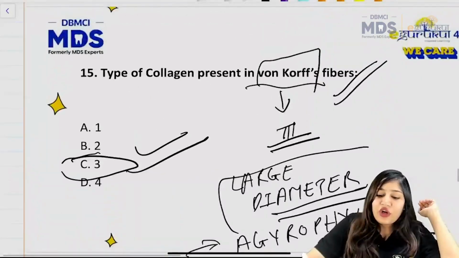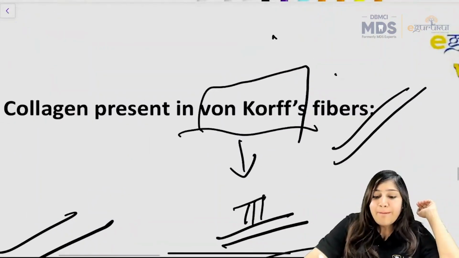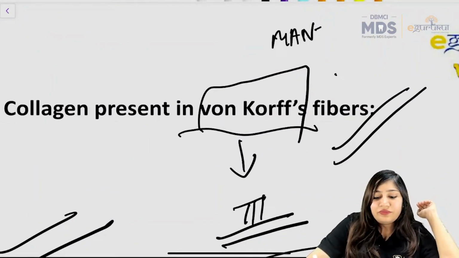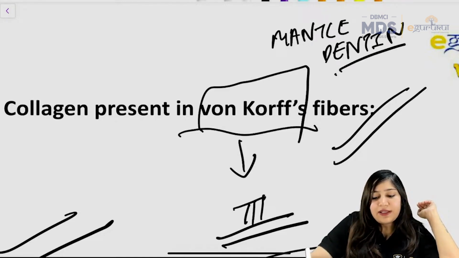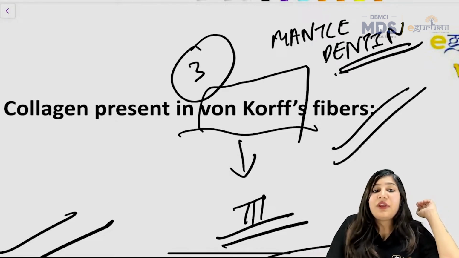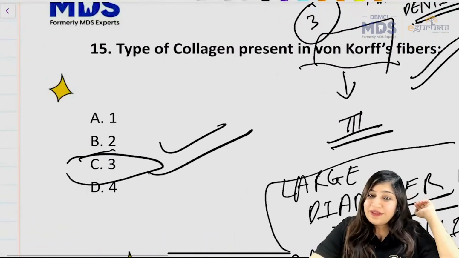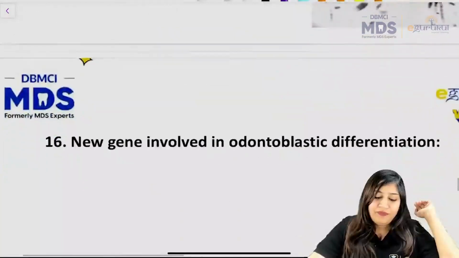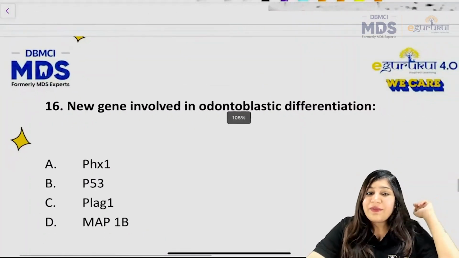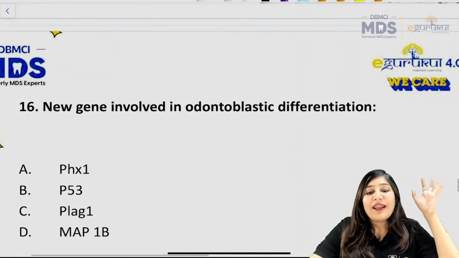So, basically von Korff's fibers we see in mantle dentine, and they are larger diameter fibers and they are mainly type 3 collagen. So, correct answer is type 3. This is very important and again an easy question.